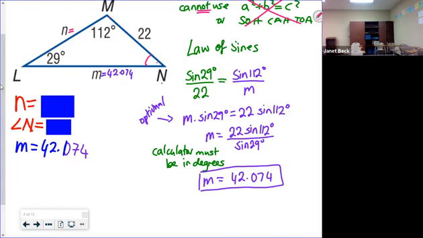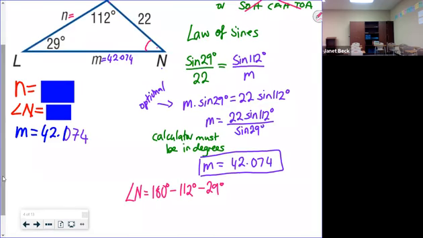So we know that angle n is going to be 180 degrees minus the other 2. Now this one, I'm not going to insist on 1 decimal place. Everything's whole numbers. Just stick with whole numbers. Stick that in the calculator if you need to, and you'll get 39 degrees.